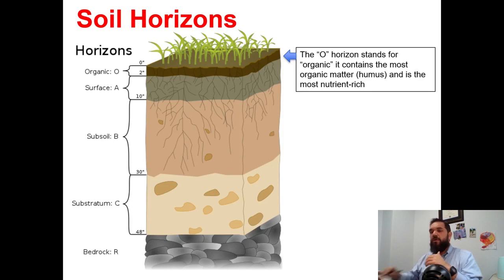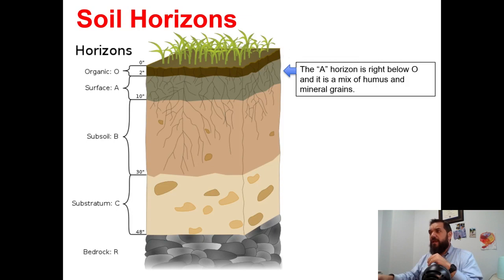So the plant roots are going to be very thick in the O horizon as they extract nutrients. The one below that is called A. A is right below O, and it has a mixture of humus and mineral grains, so it's not as rich, but it's still a soil, and it still contains a lot of organic matter.